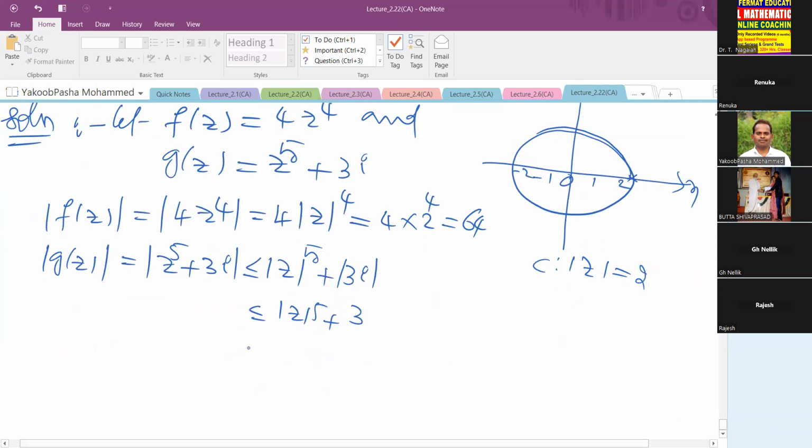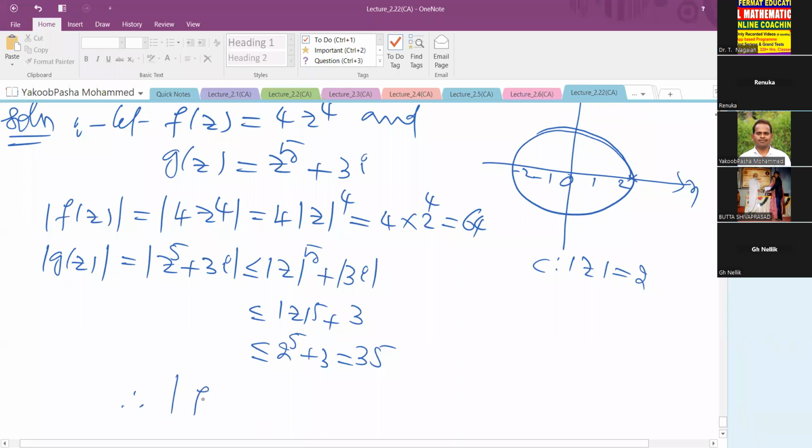That's why I'm writing 3. And modulus of z equal to 2 gives 2 power 5 plus 3, 32 plus 3, which is 35. As we know that, therefore, we can say that modulus of f of z is strictly greater than modulus of g of z on C.